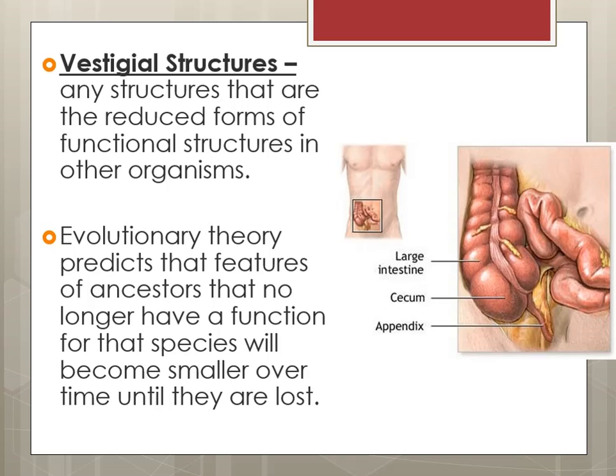We can more easily break down meat and animal products than we can plants. We actually can't really digest plants at all. We can't harvest hardly any of the energy out of there. So that is one of the theories, that maybe this appendix played a bigger role in early hominid species, but not so much anymore.